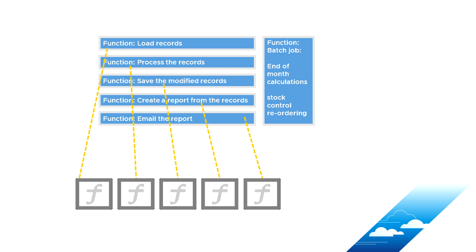So I now have a number of different functions which can all work independently, and they would be run as and when required. I could take this batch job and bundle that up again, but this can be run whenever is convenient or whenever the cost is suitable. We talked about spot pricing and spot instances before.